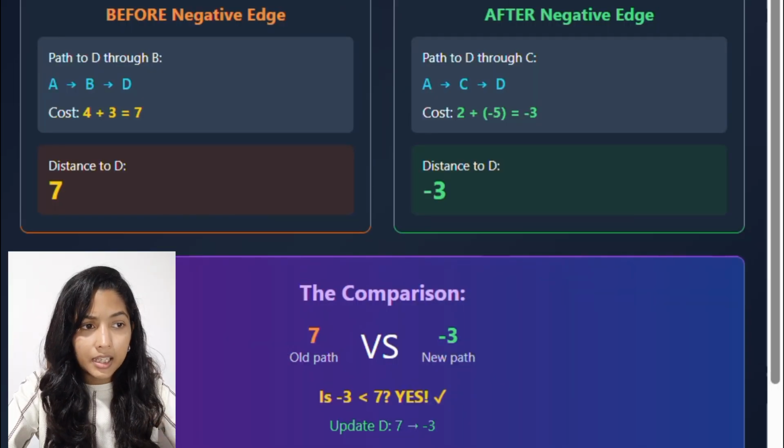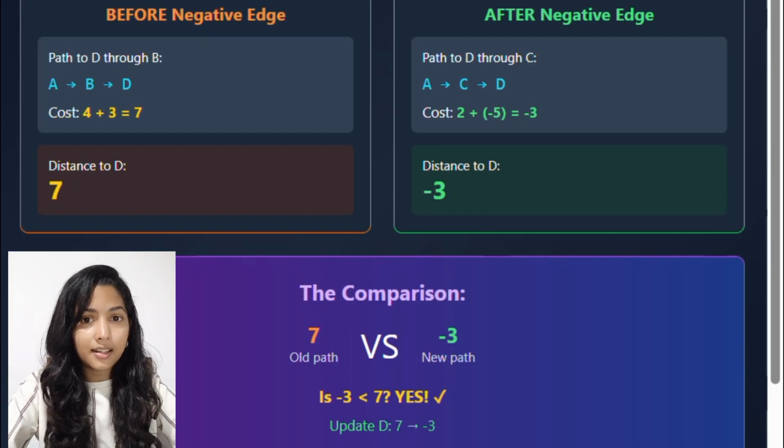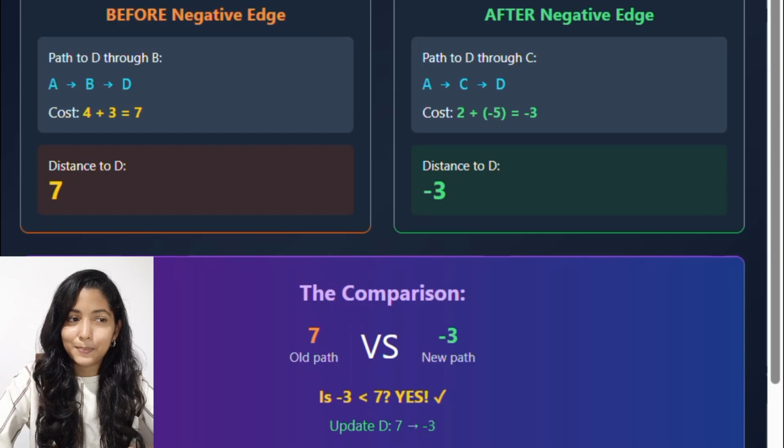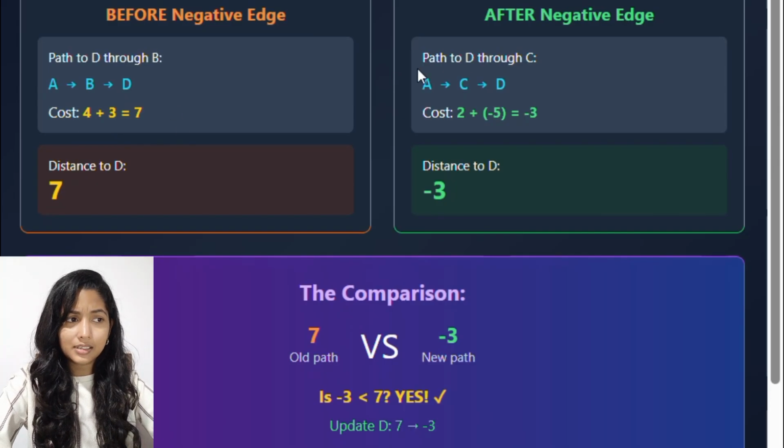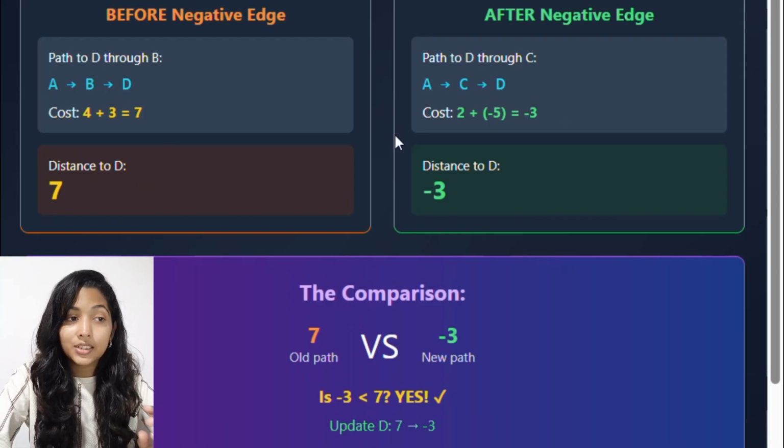Wait, is -3 less than 7? Yes. -3 is actually better than 7. This is the key. Even though -3 sounds negative and weird, it means we found a cheaper path. Update D from 7 to -3.